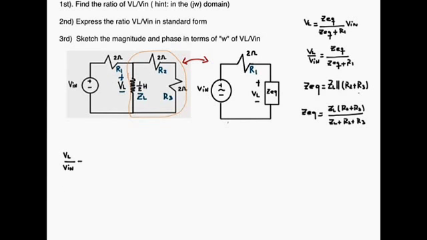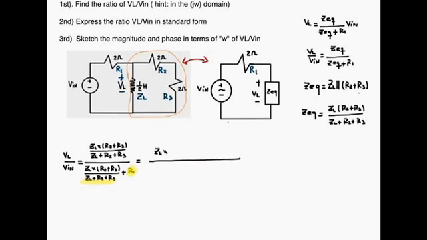Next, V sub L divided by V sub N is the parallel combination of C sub L times R2 plus R3 divided by the parallel combination of C sub L times R2 plus R3 plus R1. We are going to continue working with our expression, and now we're going to add C sub L plus R2 plus R3 to resistor R sub 1.